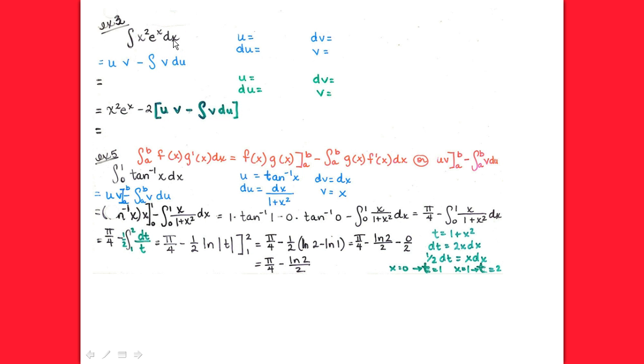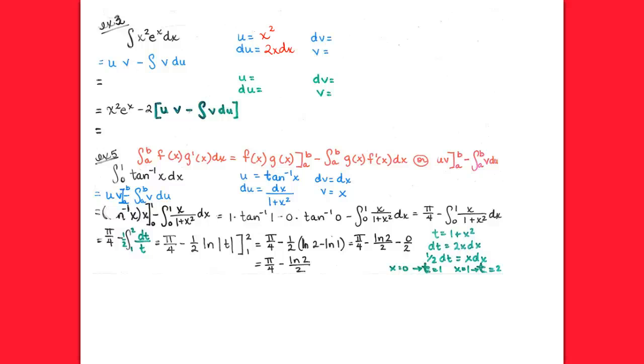Well, the derivative of e to the x and the integral of e to the x are just e to the x, right? However, the derivative of x squared gets simpler. The integration of x squared gets more complicated. So I definitely want to take the derivative of x squared. That means that I need u to be x squared if I'm going to find its differential.